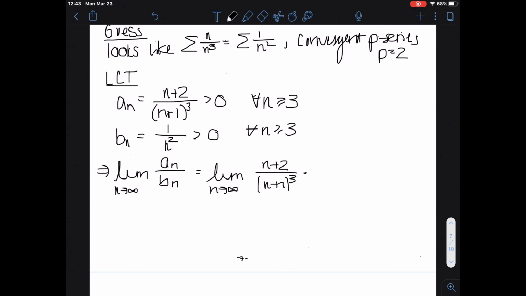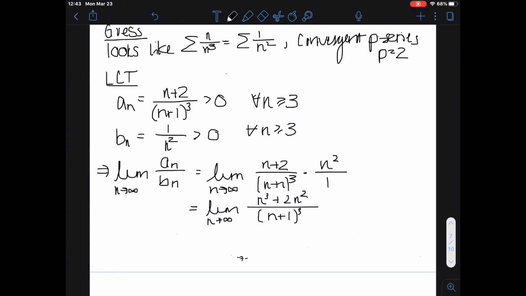You're dividing it by bn, which is the same thing as multiplying it by its reciprocal. Okay? So this is equal to the limit as n goes to infinity of (n cubed plus 2n squared) over (n plus 1) to the third.